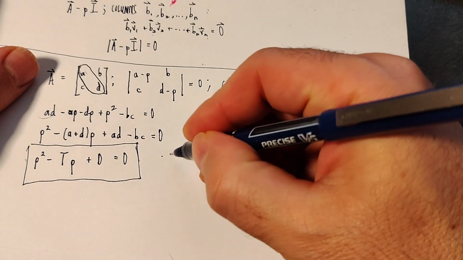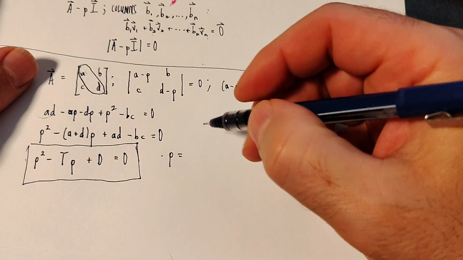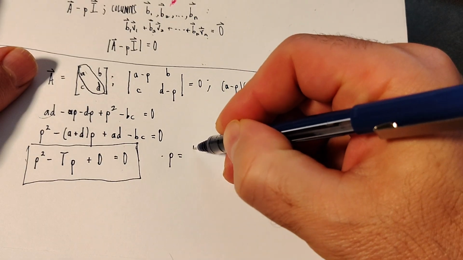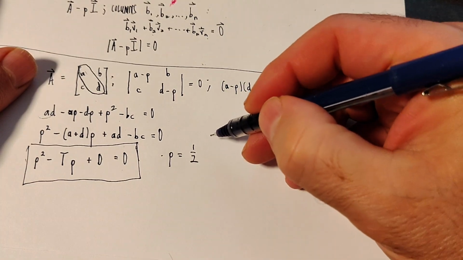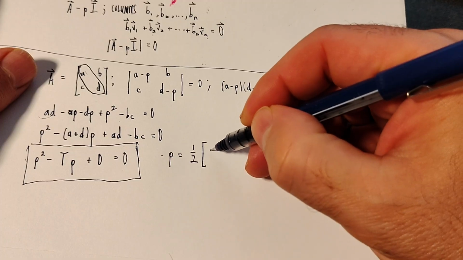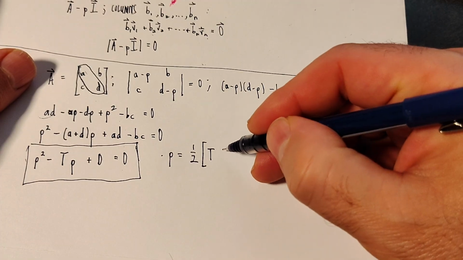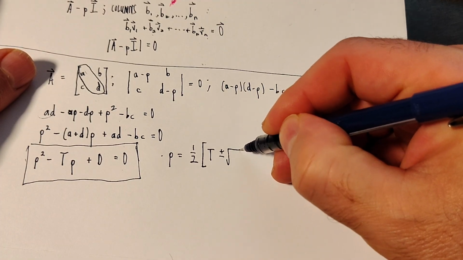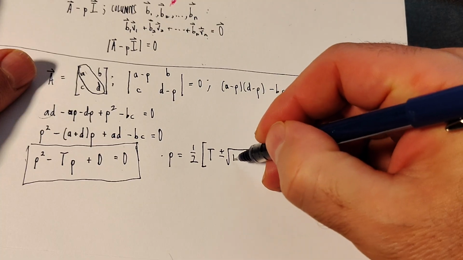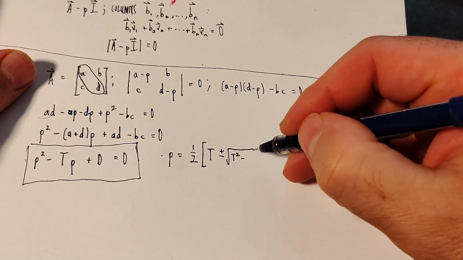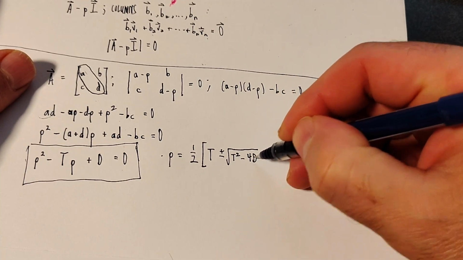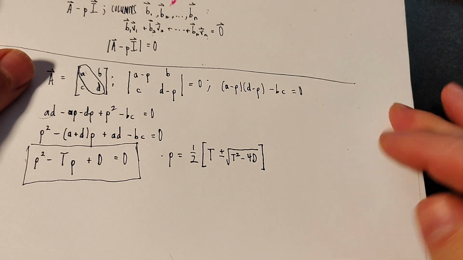So when we set up the quadratic formula, rho is going to be equal to 1/2 times the trace plus or minus the square root of the trace squared minus 4 times the determinant. All right.